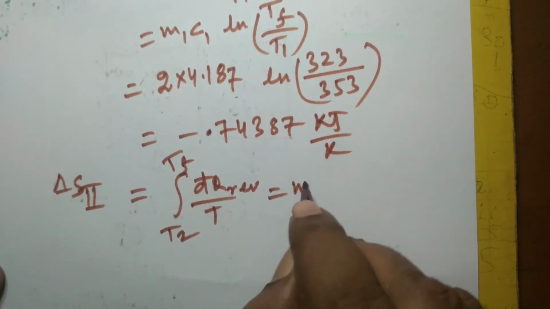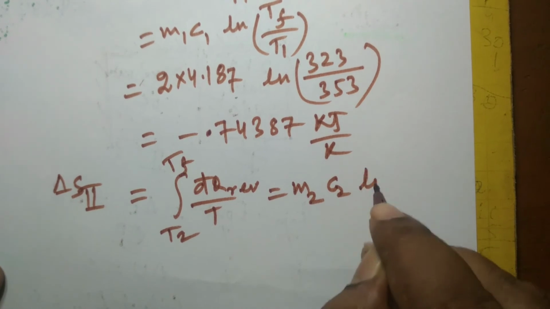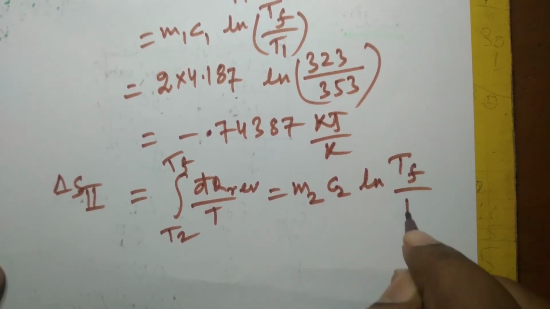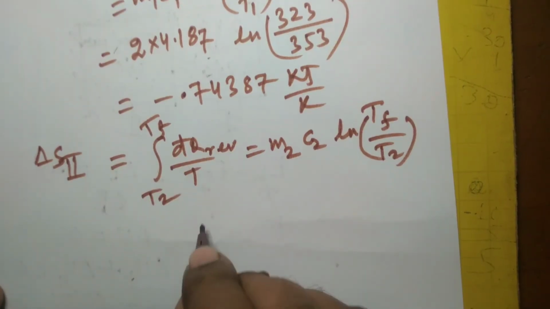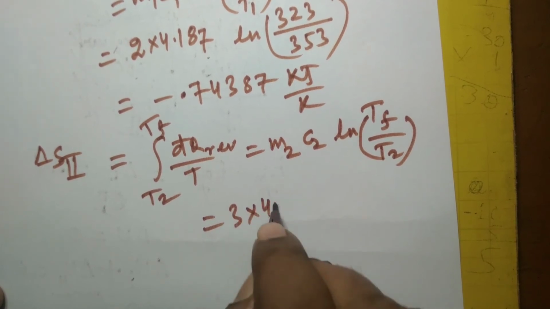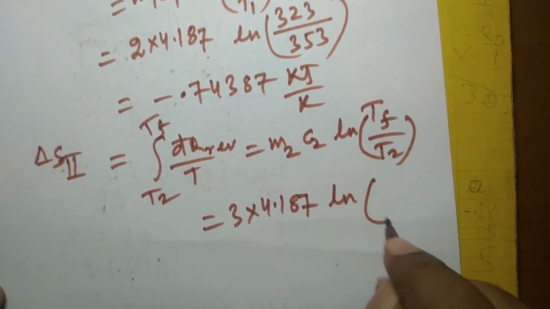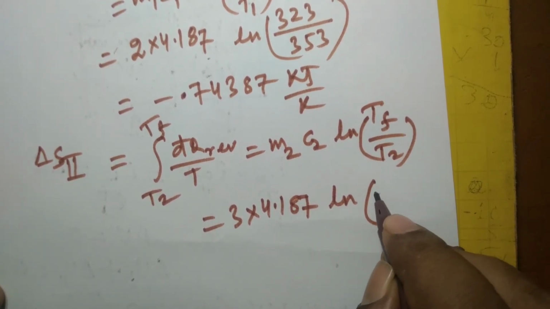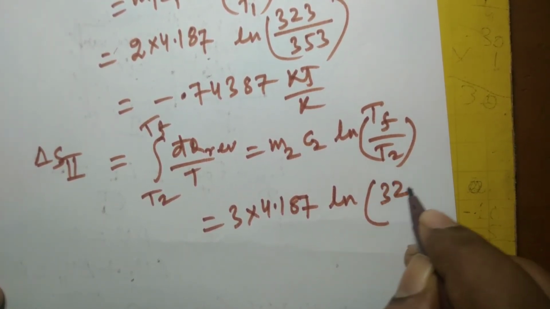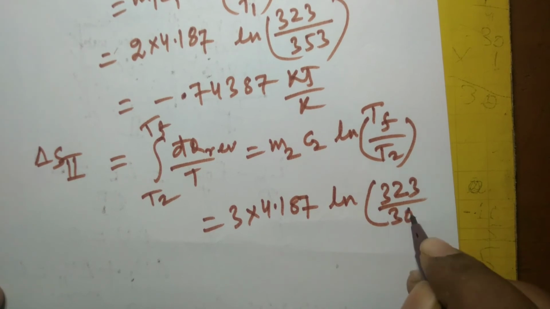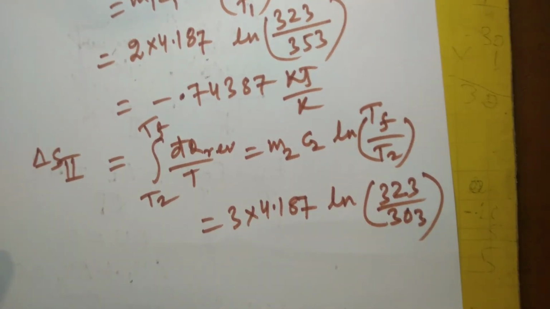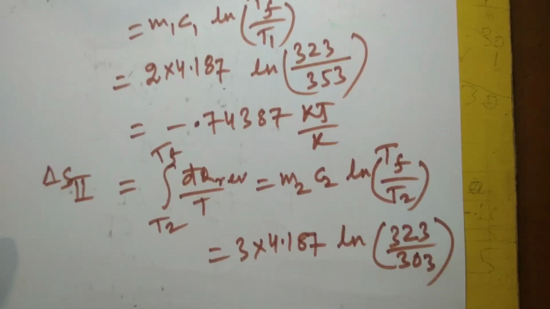Similarly, the entropy change of the second subsystem will be equal to m2 c2 ln TF upon T2, and this is equal to 3 into 4.187 ln 323 divided by 303, 30 degrees Celsius. The second subsystem is at 30 degrees Celsius.